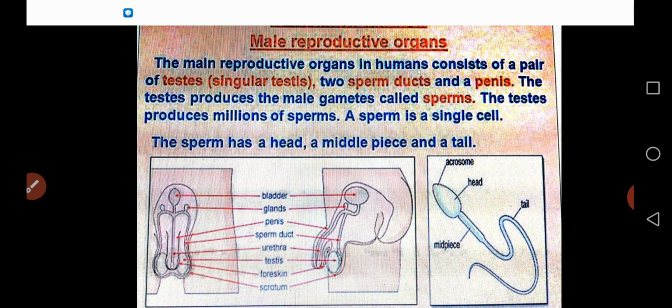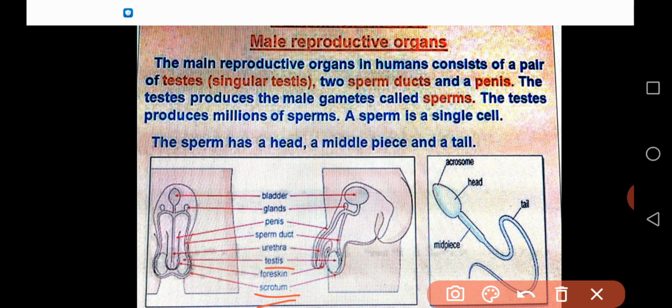Usually the male reproductive organ contains a pair of testes. There are two testes, and they are situated in the scrotum. This part is what we call the scrotum. The scrotum contains a very important part of the male reproductive organ, that is, the testes.